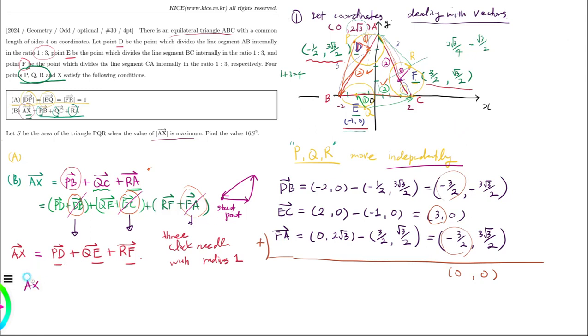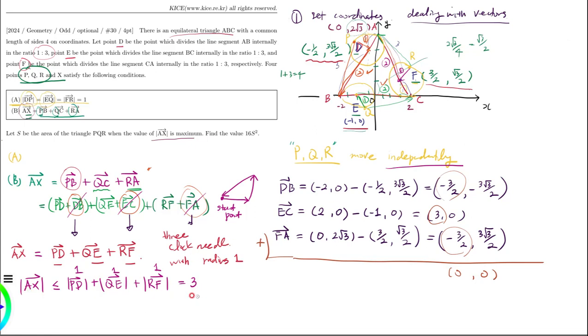So to make the magnitude of vector AX maximum, this inequality always holds. It's a triangle inequality, and the bound is 3, because each of them has magnitude 1.